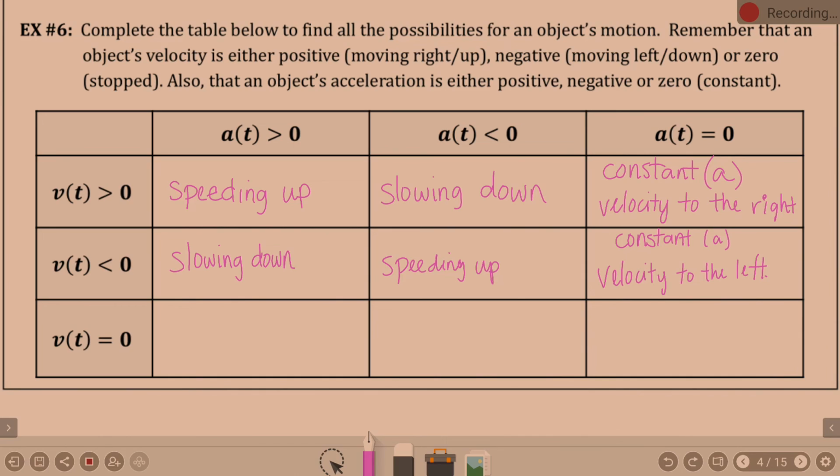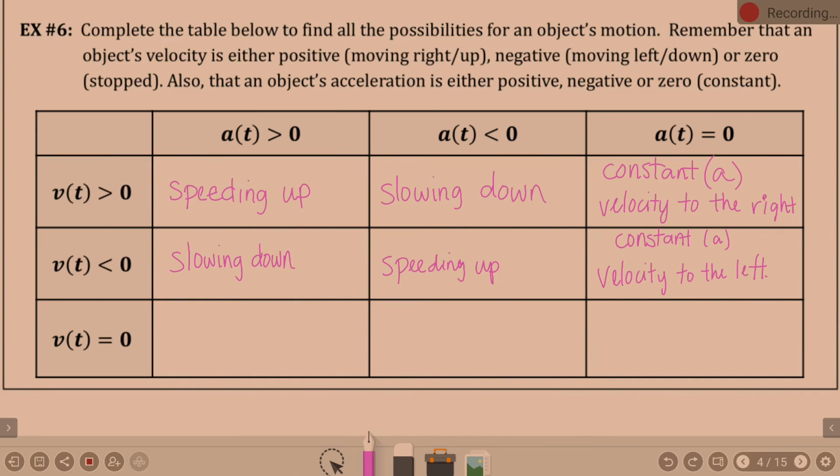Velocity is 0, acceleration is positive. Just slowing down? No. Velocity of 0 means what? It's not moving.